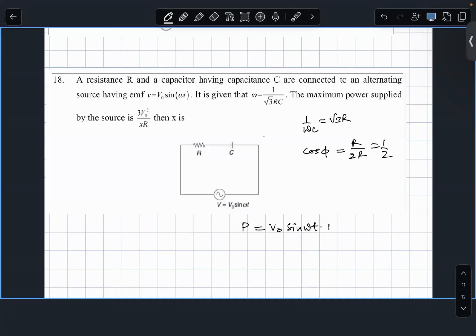కరెంట్. ఇదేంటిది? I0 ని V0/2R అని రాసుకోవచ్చు. ఇక Z is equal to 2R ఇక్కడ.